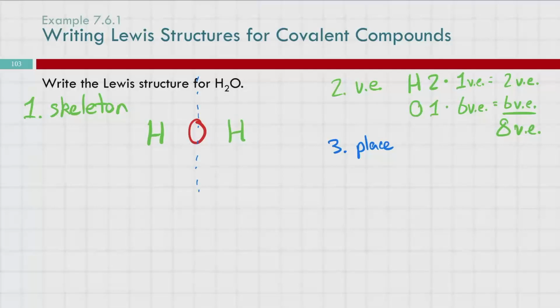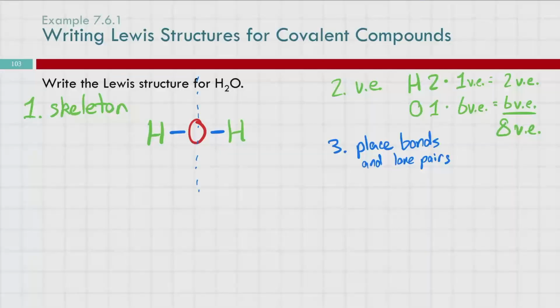Step 3, we want to place our bonds, and after that, lone pairs. To get everything connected, we need a line connecting all the things. So we're going to add in a line between hydrogen and oxygen and hydrogen. So we've got 2 lines to get everything connected. How many electrons are in 2 lines? How many total electrons? 4.